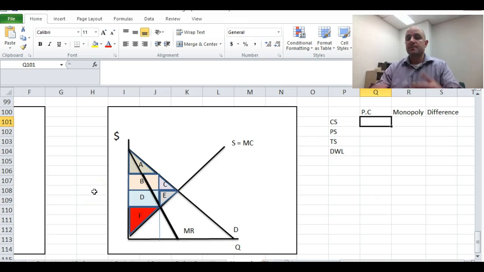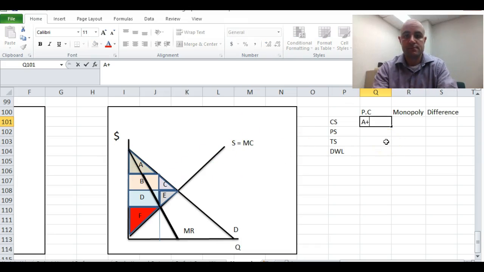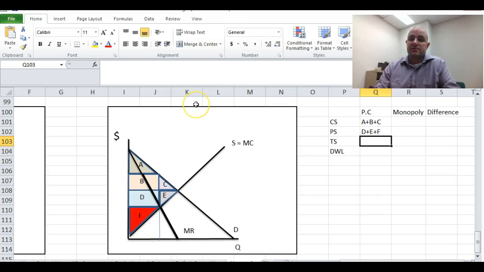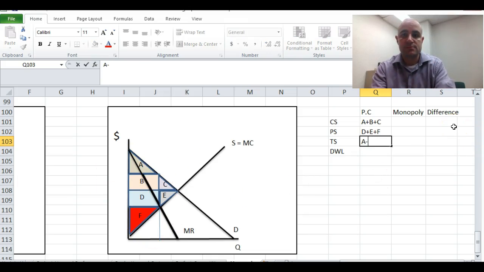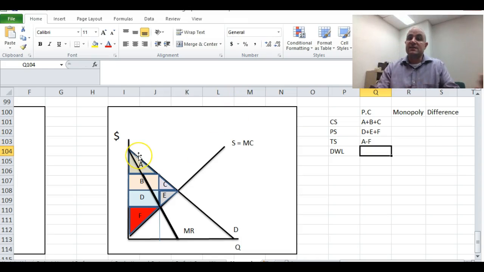In perfect competition, our consumer surplus, which is the difference between what they're willing to pay as measured by the demand and what they did pay, the price, can be areas A, B, and C. The producer surplus, the difference between what they're willing to sell for and what they did sell for, is going to be areas D, E, and F. Now our total surplus, which is the sum of benefit to society, the consumer surplus plus producer surplus, is going to be all this area in here. And so it's areas A to F.